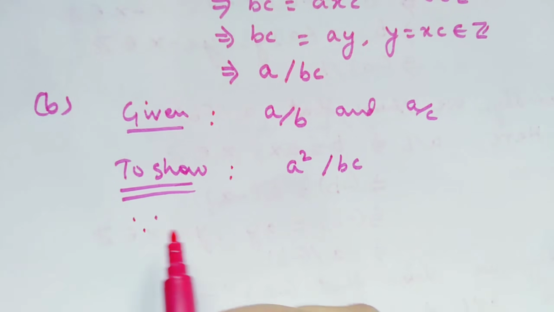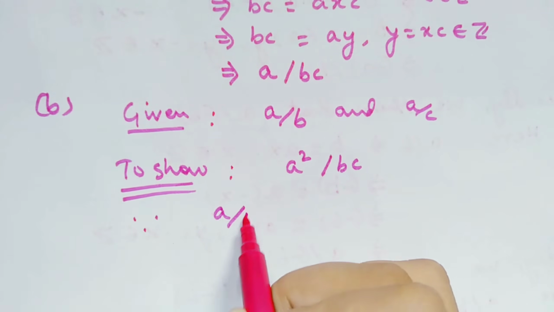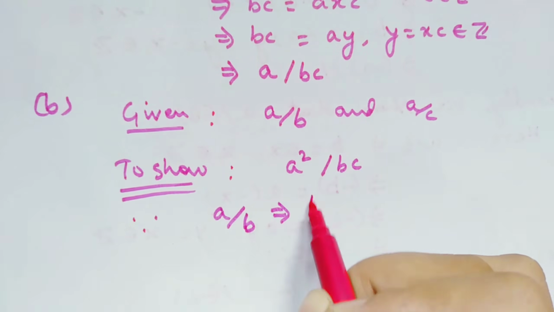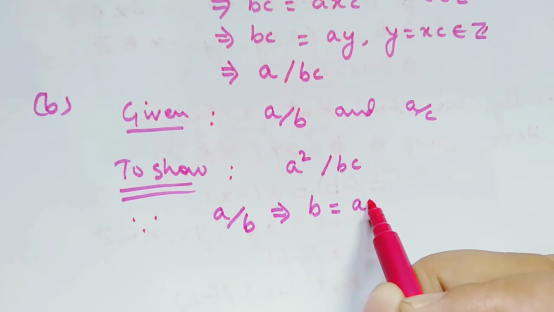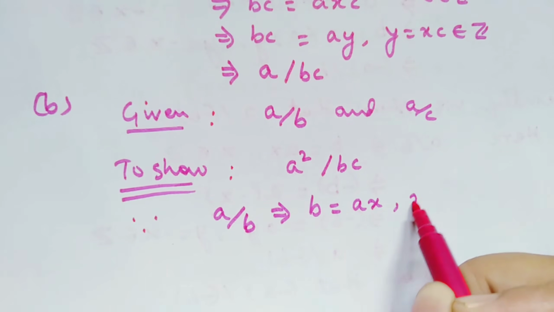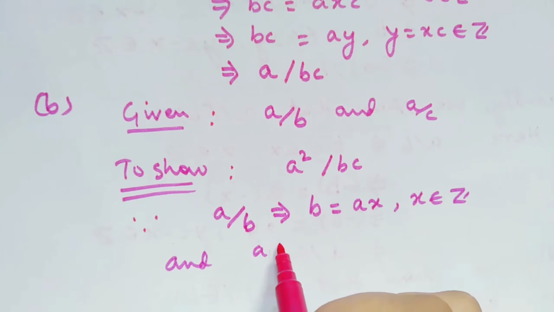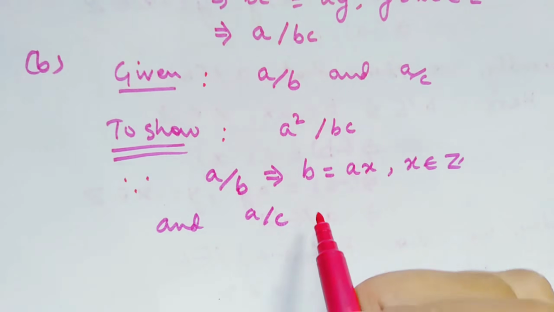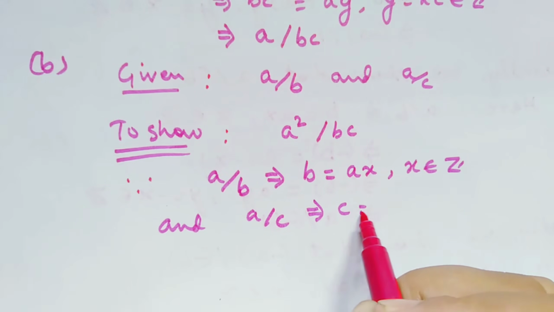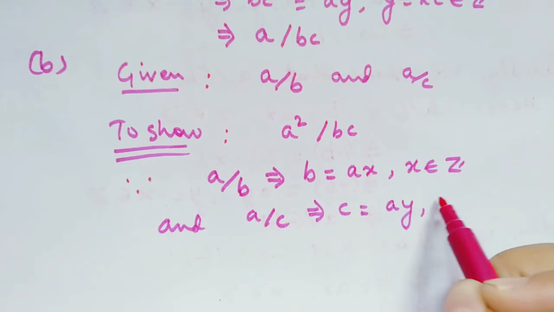Now since A divides B, it implies that B is equal to A into some integer X, and we also have A divides C, so it implies that C is equal to A into some integer Y.